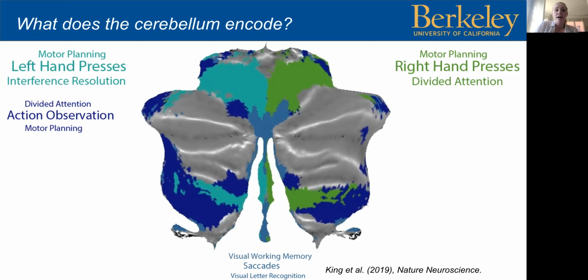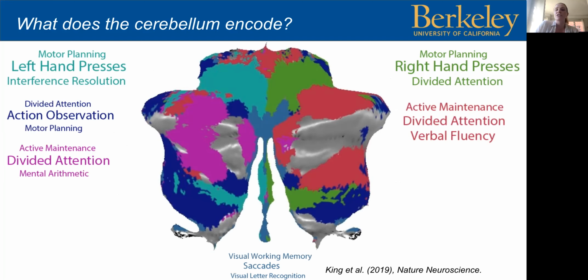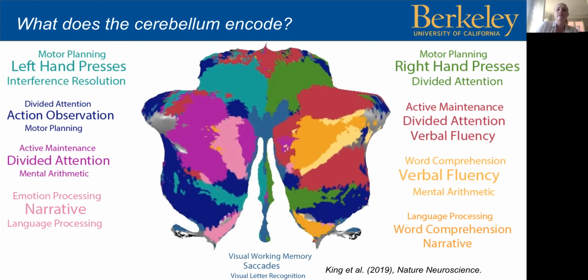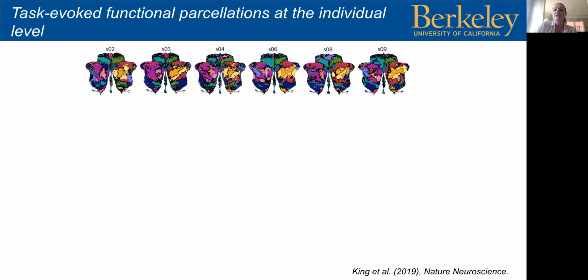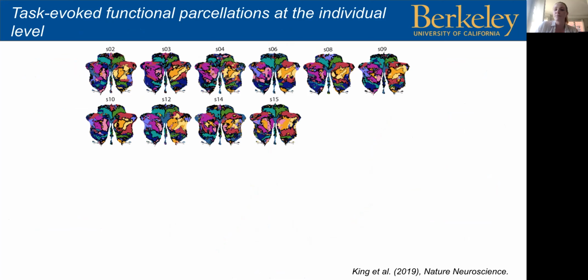But interestingly, beyond these motor regions, the features most descriptive of cerebellar functional organization captured a range of cognitive processes from attention to narrative, verbal fluency, and autobiographical recall. And this nicely illustrates this sort of rich functional organization of the cerebellum. And similar to the resting state work, these task-evoked parcellations can also be reproduced at the individual level.